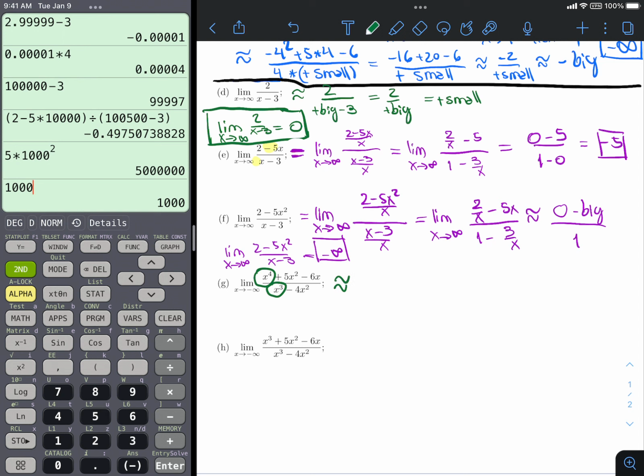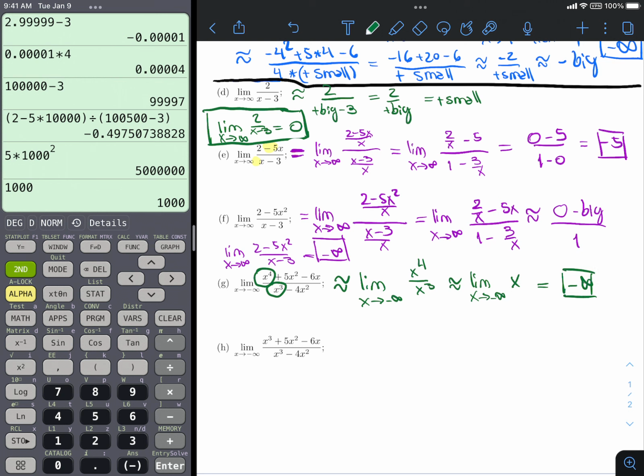So this is about the same as the limit as x goes to minus infinity of x to the fourth over x cubed, which is about the limit of x after dividing both. So that's just minus infinity.